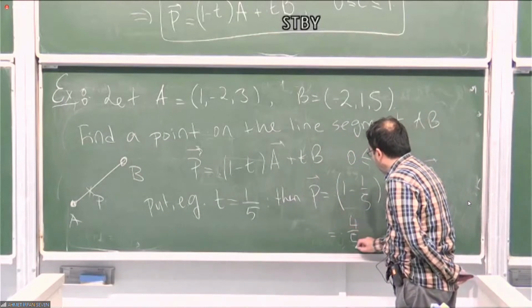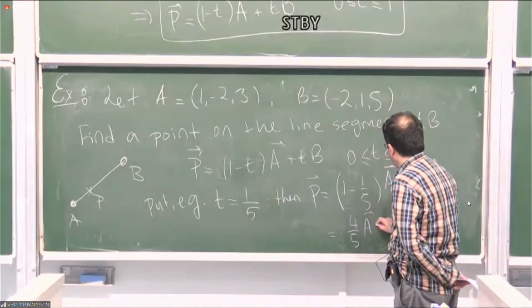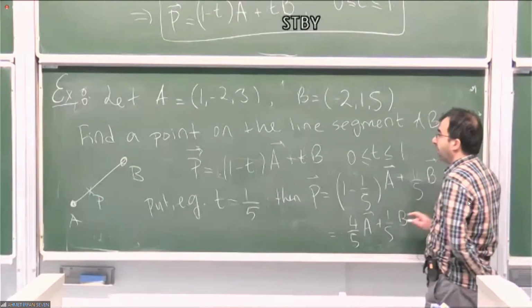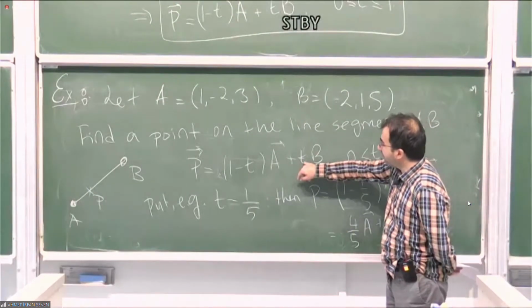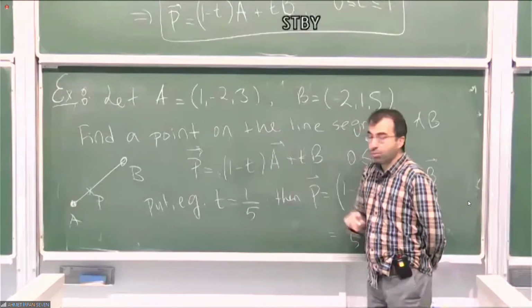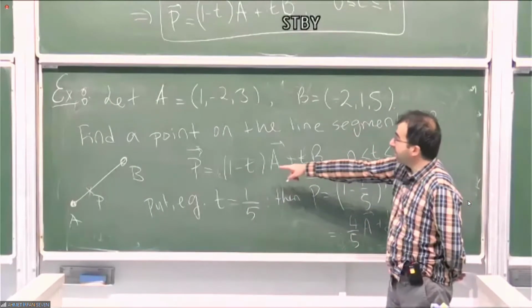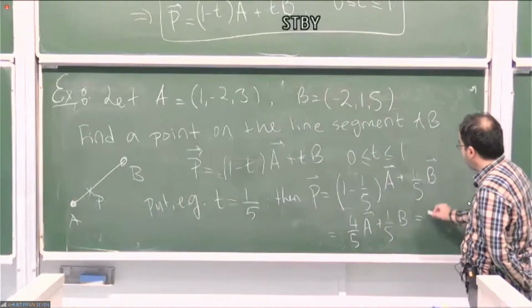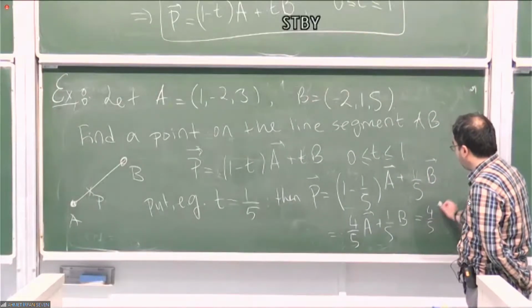This will be 4 over 5 A plus 1 over 5 B. You see these values T plus 1 minus T is equal to 1. And also 1 minus T is positive, right? Because T is less than 1.